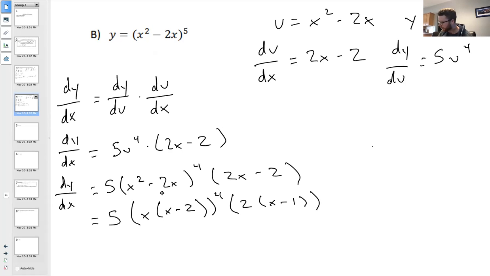Okay, we can further simplify this. I'm going to distribute the exponent 4 into the brackets. So we will have 5 multiplied by x to the 4 multiplied by x minus 2 to the 4 multiplied by 2 multiplied by x minus 1. Okay, we can further simplify this, so we can multiply the coefficients. 5 times 2 is equal to 10.